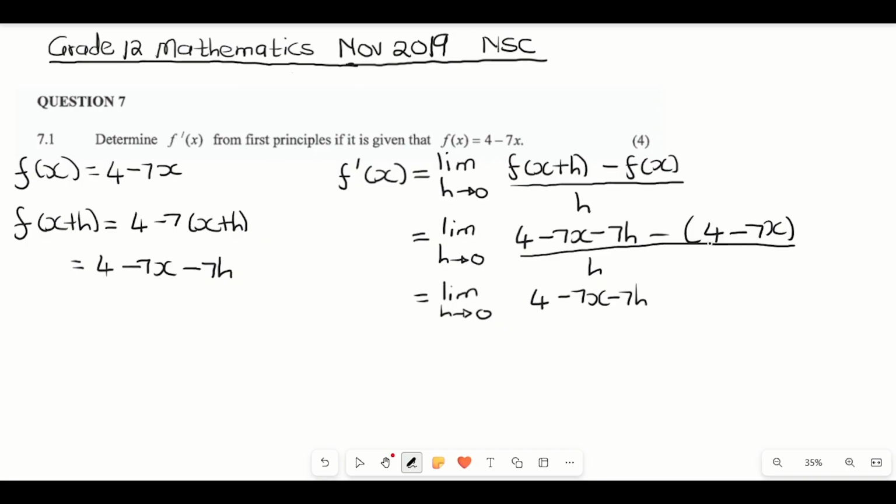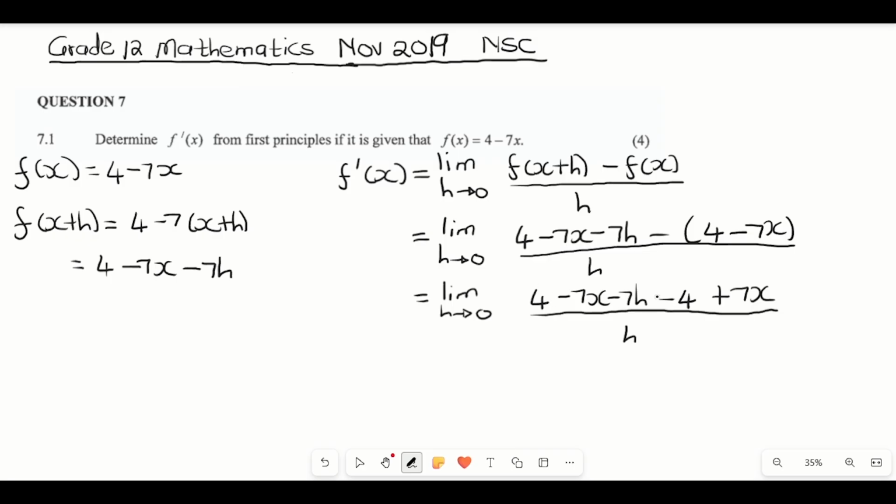We multiply everything in the bracket by the negative. We're going to have negative 4 plus 7x all over h. Okay, let's deal with like terms. We have 4 and 4.